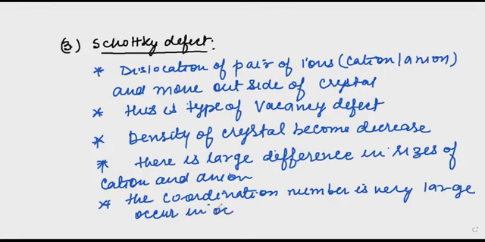Occurs in octahedral and cubic arrangement.